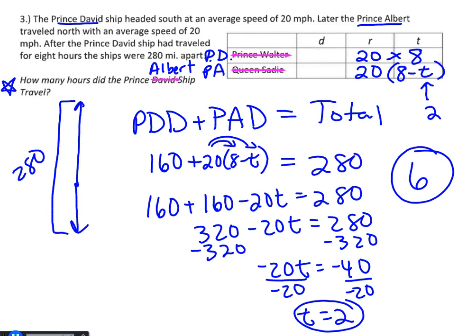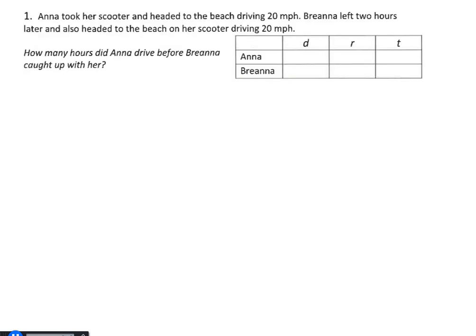Okay, we're going to do one more just to practice setting this up. Anna took her scooter and headed to the beach, driving 20 miles per hour. Brianna left 2 hours later and also headed to the beach on her scooter, driving 20 miles per hour. How many hours did Anna drive before Brianna caught up with her? Well, let's talk about this.